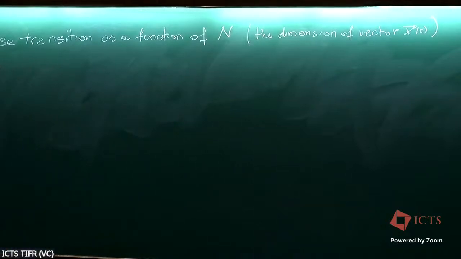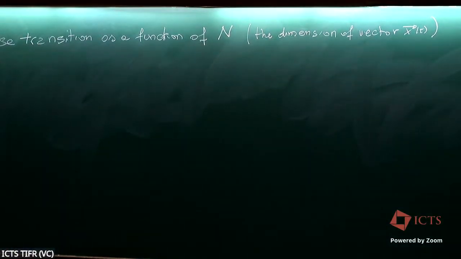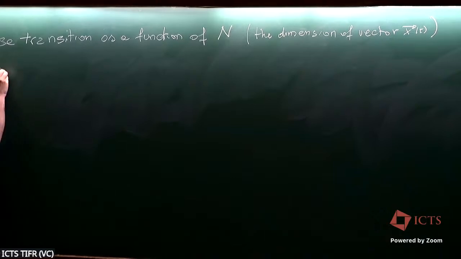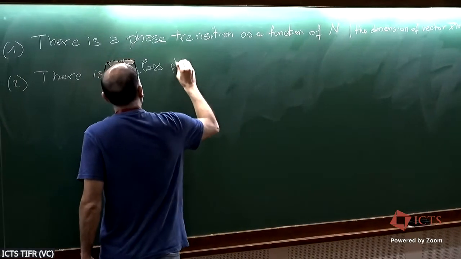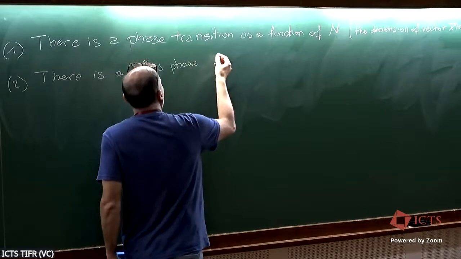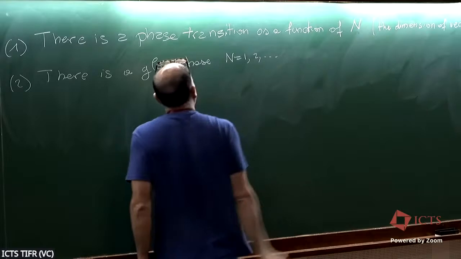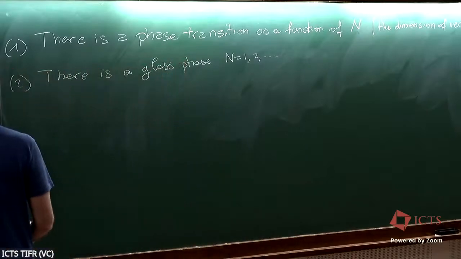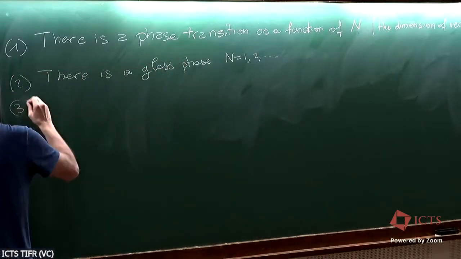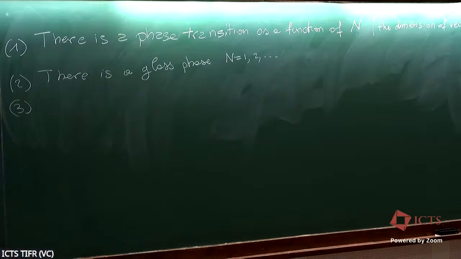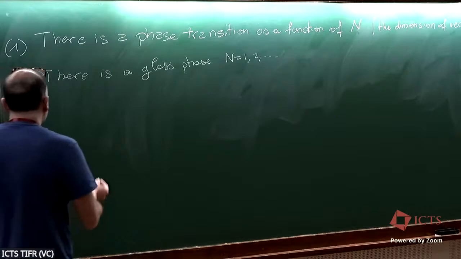The second question we would like to answer is if there is a glass phase for n equal 1, 2, etc. And then we would like to know what are the properties of the minimum, okay?